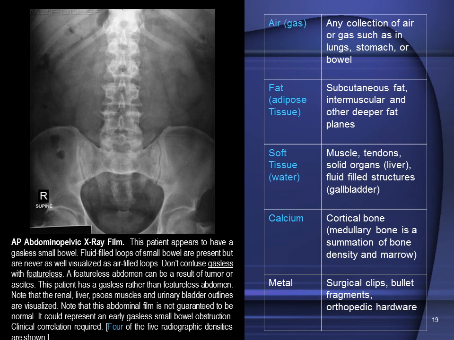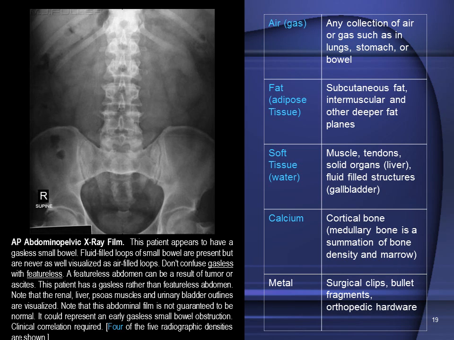So here we have an AP abdominal pelvic X-ray film. It's a plain X-ray film, a flat film in the AP projection. That means that the X-ray photons are entering through the anterior side of the patient and exiting the posterior side. So the emitter is on the anterior side, and on the posterior side, or the dorsum of the patient, is the detector or the digital cassette.